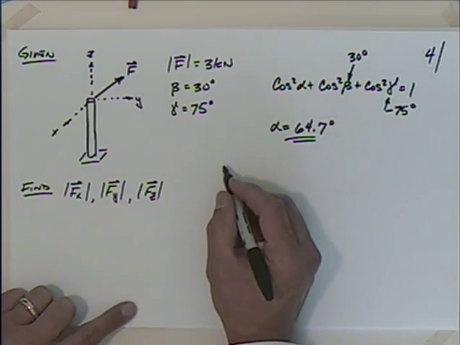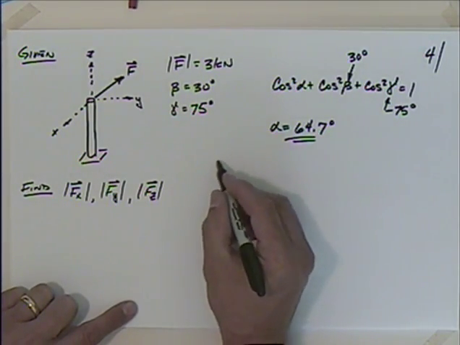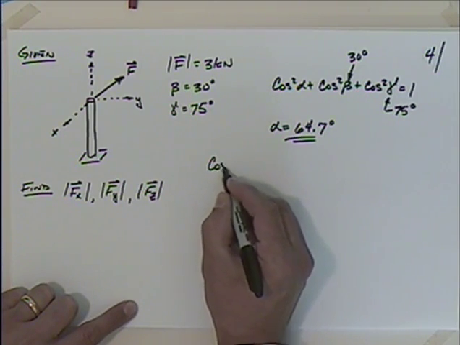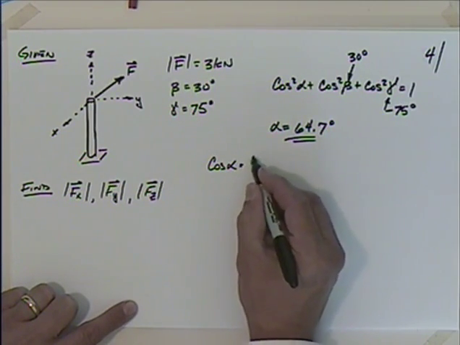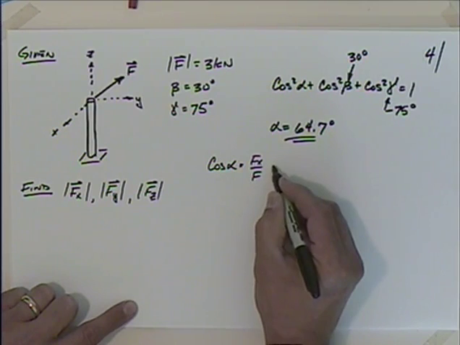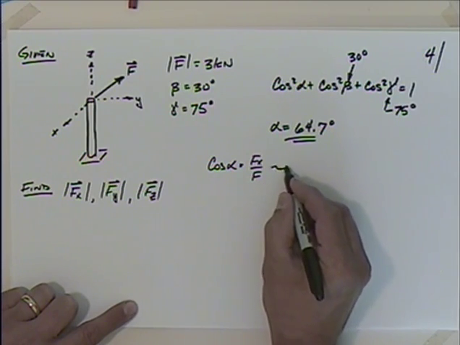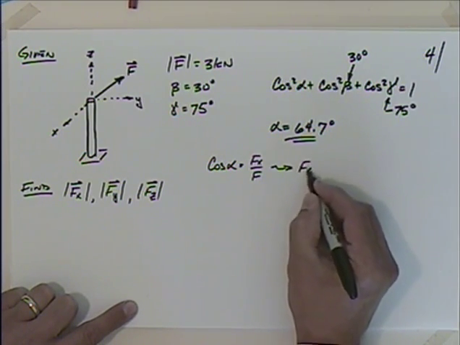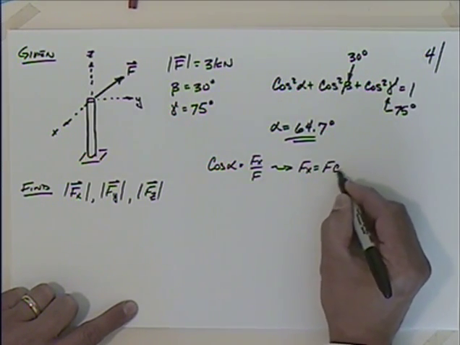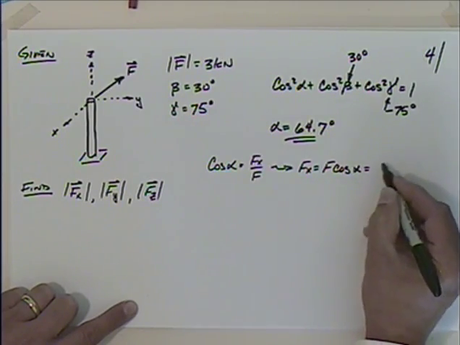So then I could recognize that cosine of alpha is equal to Fx over F. So I could say that Fx is equal to F times the cosine of alpha. Do we have F?